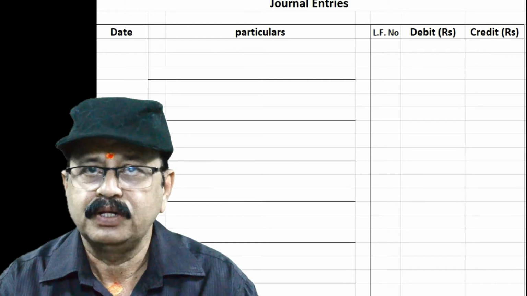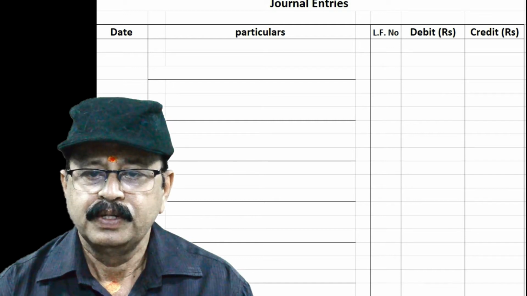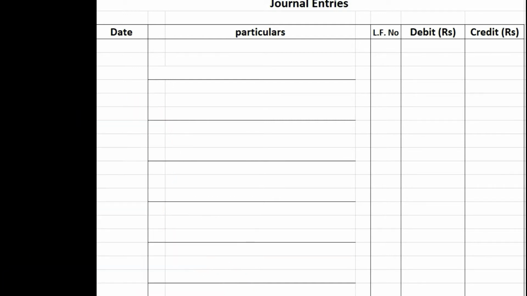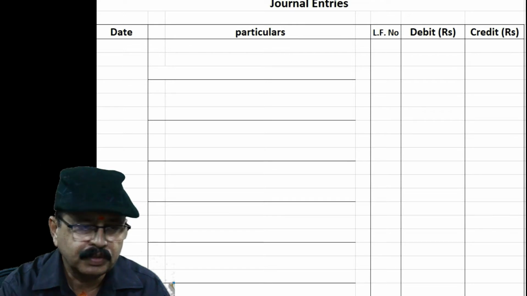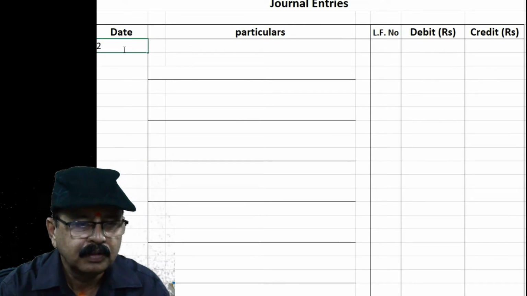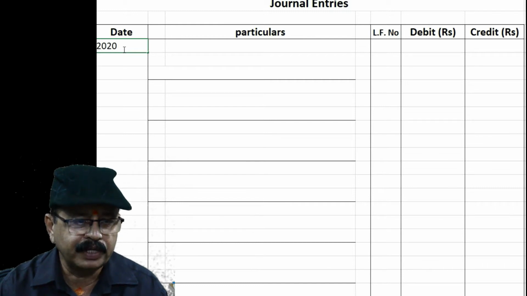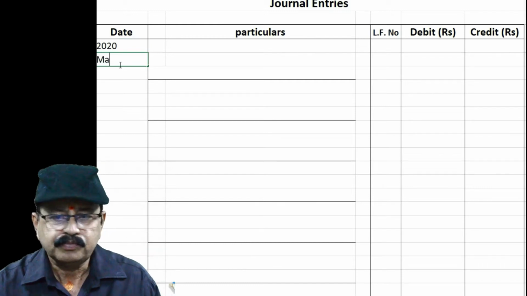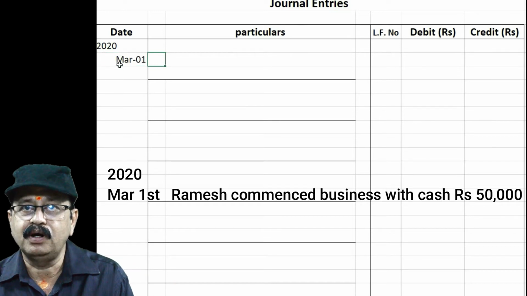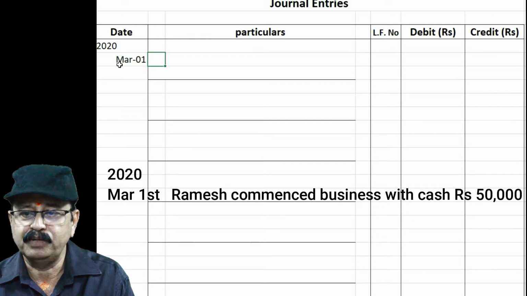You can see on the screen. 2020 March 1st means first we should write the date. In the date column we write 2020. Next we write March 1st. Here the transaction is Mahesh commenced business with cash, or Mahesh started business with cash. Both are the same.